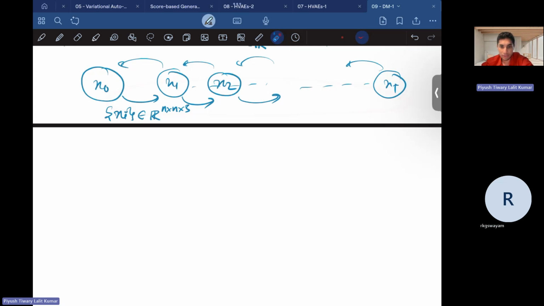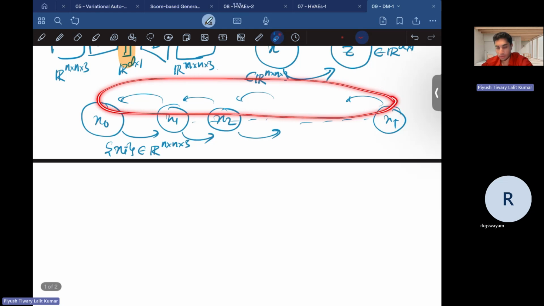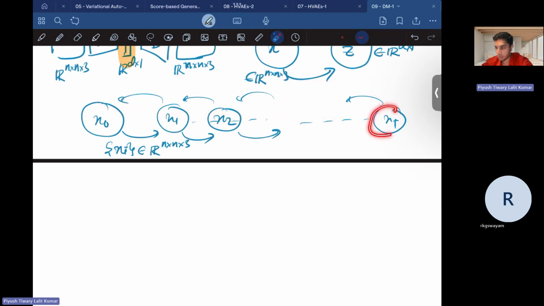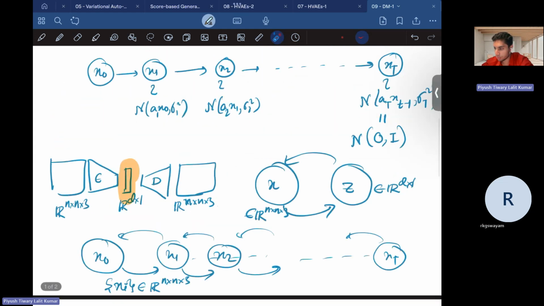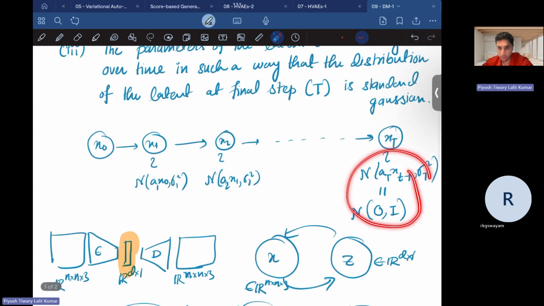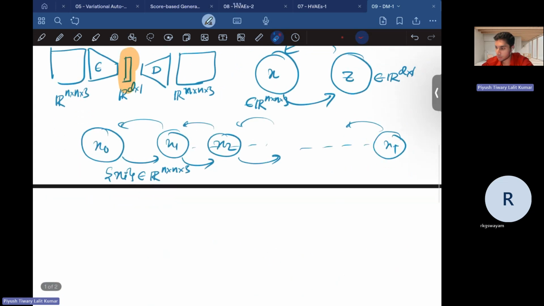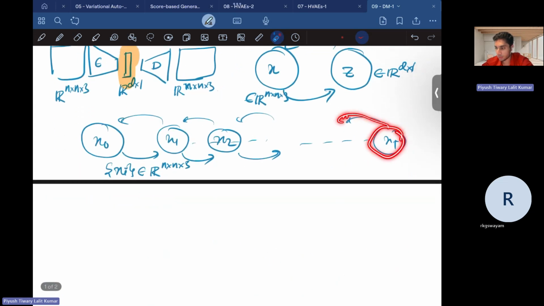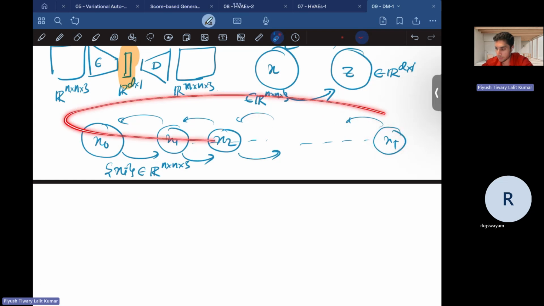That's your encoder. And your decoder is your denoising process, which starts from complete noise. Once you make sure that the final distribution is Gaussian 0, 1, if you want to generate a new image, you can start from Gaussian 0, 1 and denoise it for these many steps and eventually get to a new data point. That's your decoder.